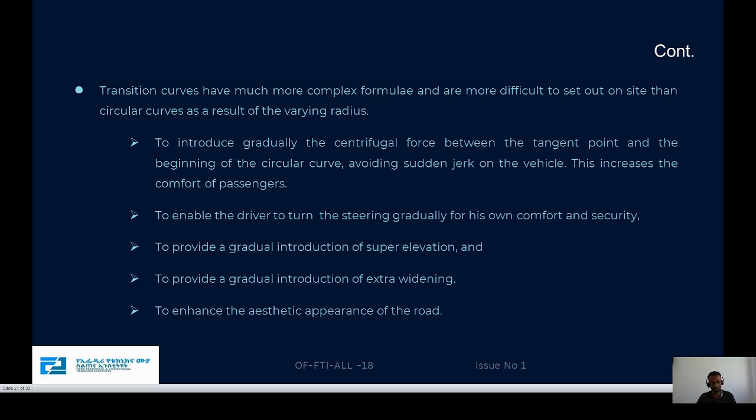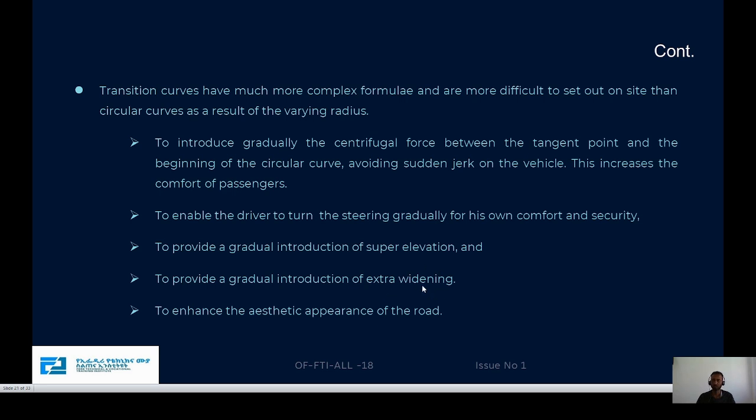Transition curves have much more complex formulas and are more difficult to set out on site than a circular curve with a constant radius. The first purpose is to introduce the centrifugal force gradually between the tangent and the beginning of the curve. It is more comfortable and safe for passengers, and it enables drivers to turn the steering gradually, for their own comfort and security. It also provides gradual introduction of super elevation and gradual introduction of extra widening.